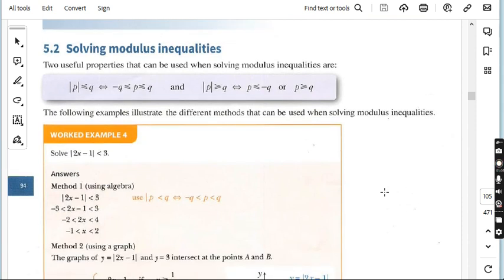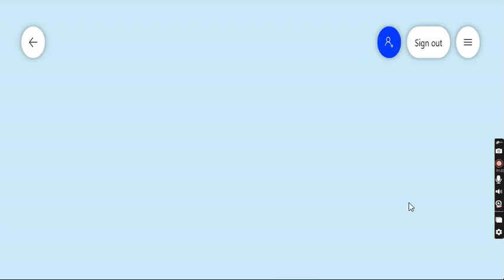You can see on your screen the topic of this exercise is solving modulus inequalities. So exercise 5.1 was modulus equality and this exercise is modulus inequality. Inequality means if we have an algebraic expression which has the sign greater than, greater than or equal to, less than, or less than or equal to.